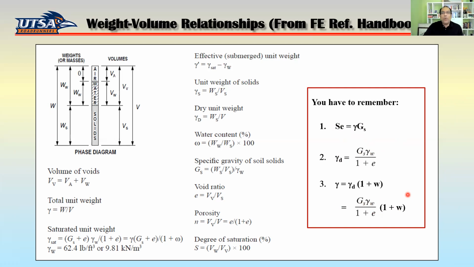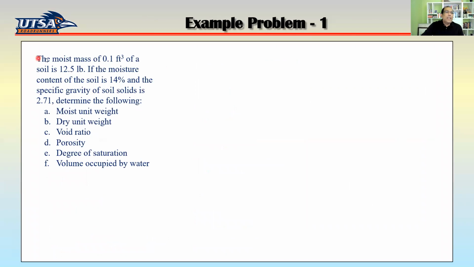Now let's see how we can use those equations to solve example problems 1 and 2. The moist mass of 0.1 feet cube of soil is 12.5 pounds. If the moisture content of the soil is 14% and the specific gravity of the soil is 2.71, determine the following: moist unit weight, dry unit weight, void ratio, porosity, degree of saturation, and volume occupied by the water.